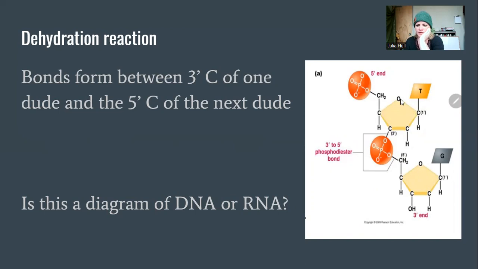So here's our oxygen, 1, 2, 3. Okay, it's going to link with the phosphate group that's attached to the carbon 5 of the next monomer. So this is how we're linking those Legos together. The 3' carbon hooks up to the phosphate group, which is attached to the 5' carbon.